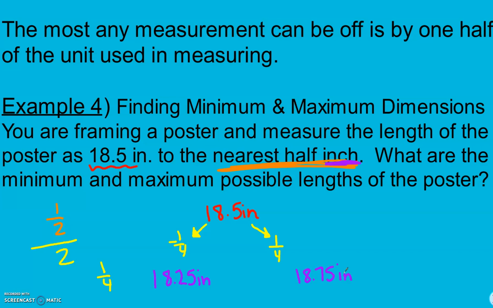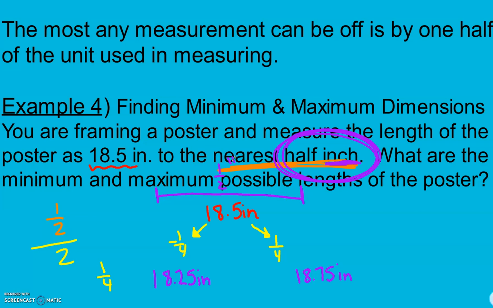So it's the part where it splits into our rounding. 18.25 is where we start rounding to 18.5, and 18.75 is where we stop rounding to 18.5. And that's because of this nearest half inch. So it's like a half inch on both sides. If we add them up, this total is a half inch.